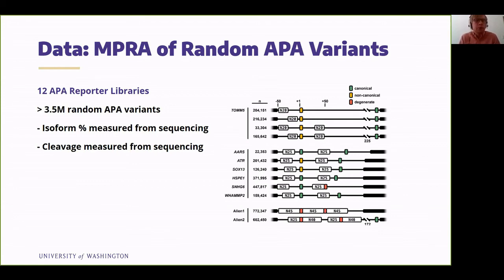It's great for validation purposes, but if we want to study differential APA between cell types, you really want to look at more like primary cells versus heart tissue cells. I think it's still a topic of research in order to actually be able to efficiently express these types of reporter assays in more complicated cell types. Okay. Does that answer your question? Yes. Great.